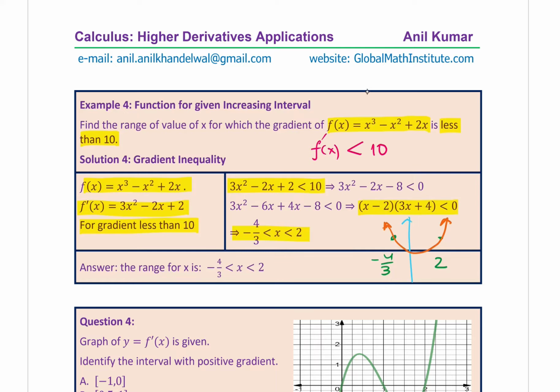Okay, since the condition is less than, where the gradient is less than, we're looking for the points which are below the x-axis, which is right there. So that is the interval. Is that okay? Since we're looking for less than. Perfect. So that is how we are going to answer this particular question.